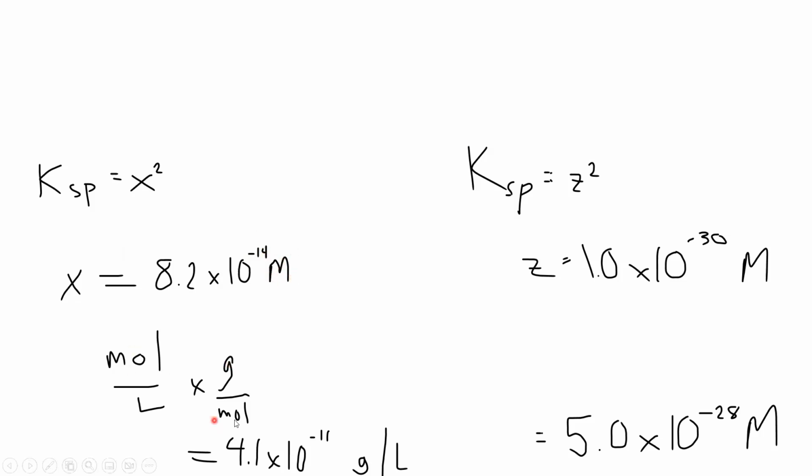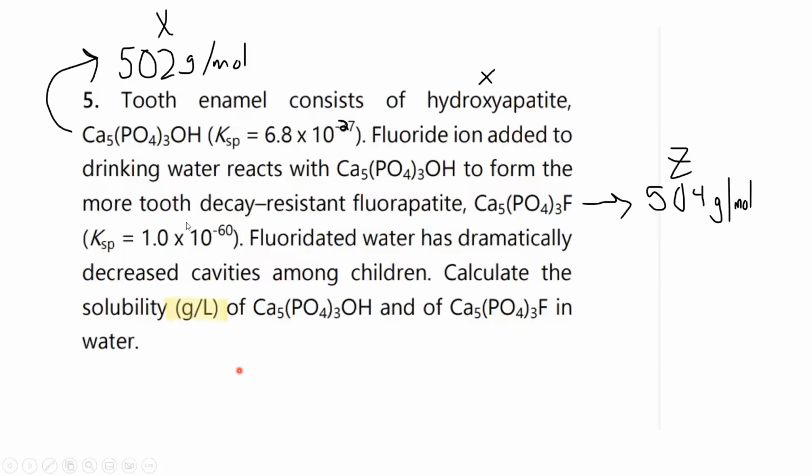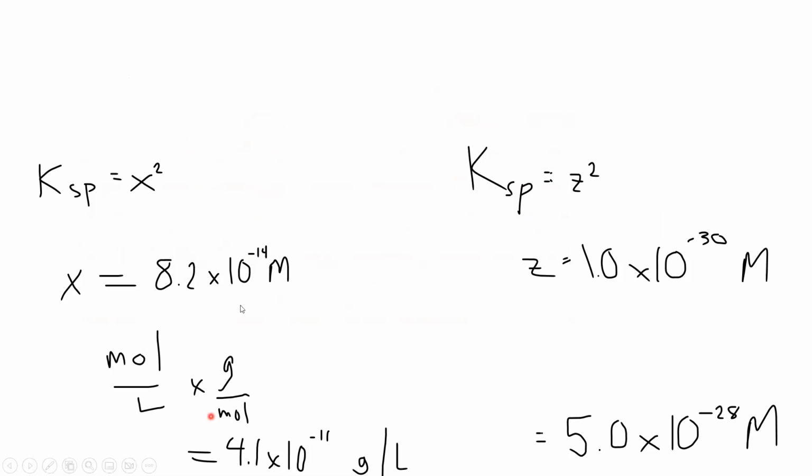So what we can do is use the molar mass, which I gave you on the previous one, which is going to be 502 for this substance. So we can just take this molar solubility and multiply it by that molar mass, multiply it by 502. And if we look at the units, mole per liter is what this capital M stands for. If we multiply by the molar mass, we've got grams per mole. So we've got moles on top, moles on the bottom.